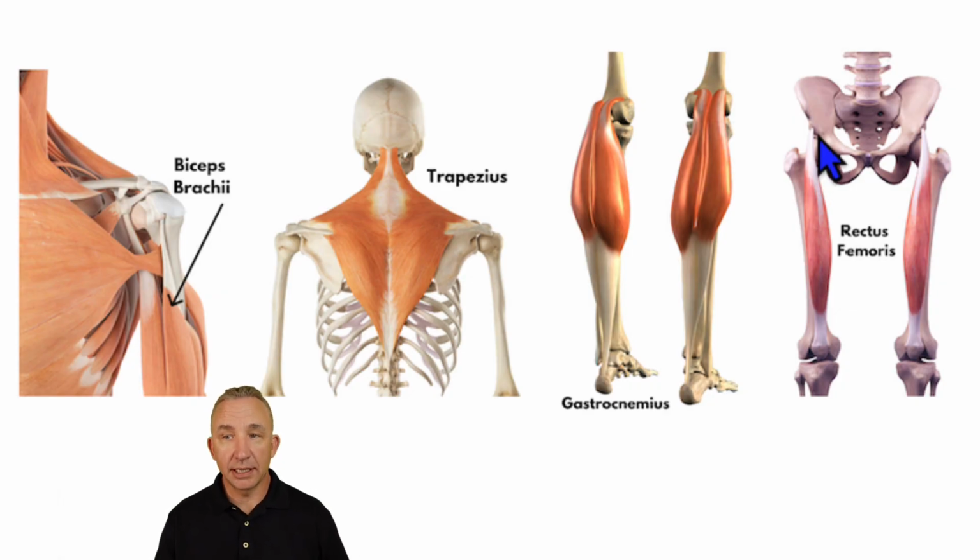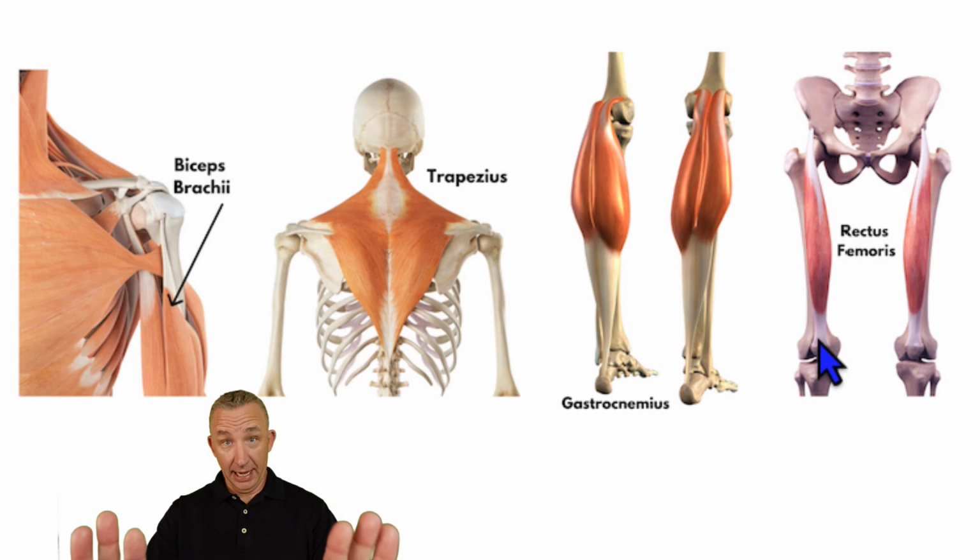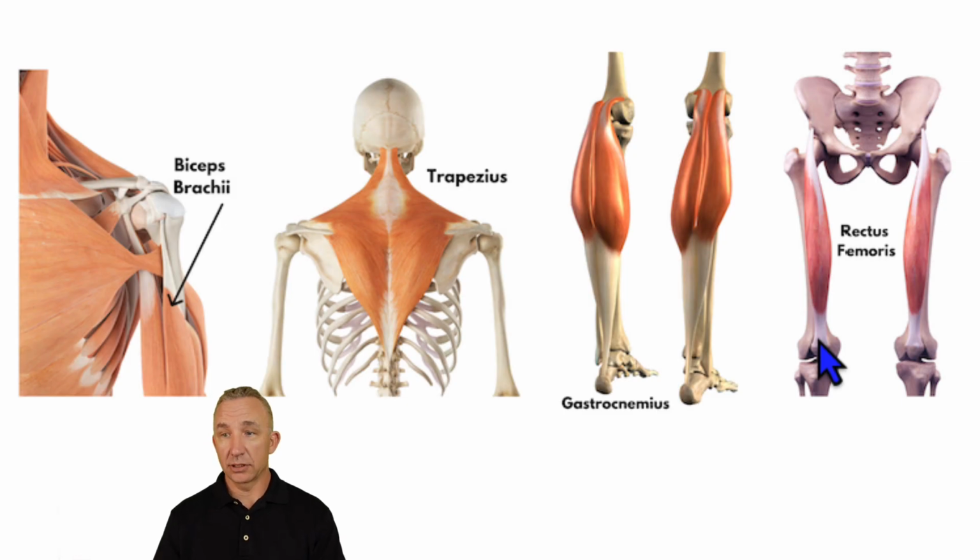So it originates here, and where it comes down and inserts is at the tendon. So it's coming down to the tibial tuberosity by way of the quadriceps tendon, because all of my quads come together at one point on the distal side at the quadriceps tendon. As a result, I can use that to extend my knee, and then I can also use it to flex my hip. So what I'm showing you here is we learn origin, insertion, and action.